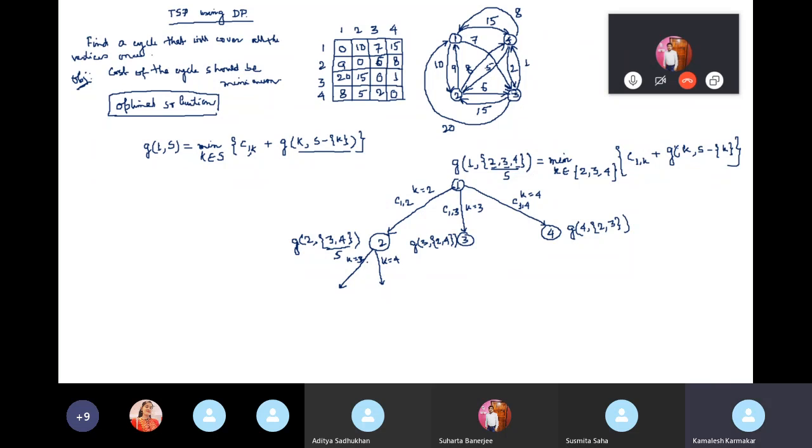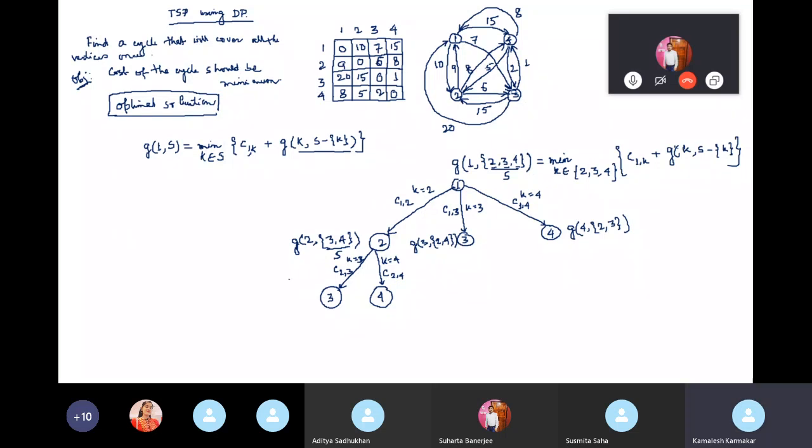If K equals to 3, then the next vertex is 3. If K equals to 4, the next vertex is 4. So if we choose next vertex 3, then this cost is C2,3, and this one is C2,4.